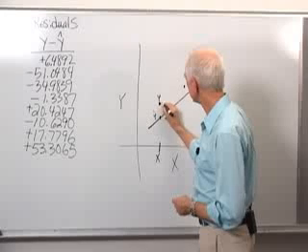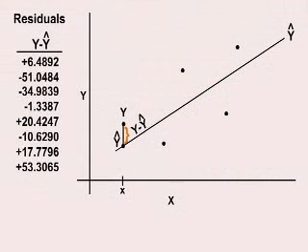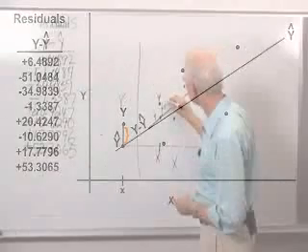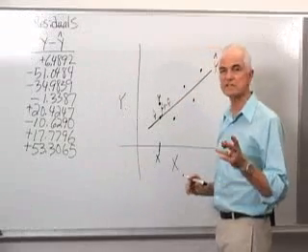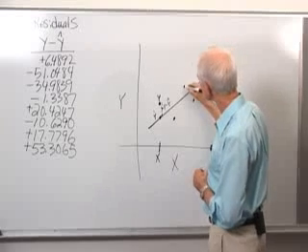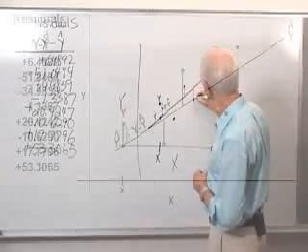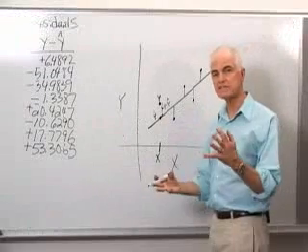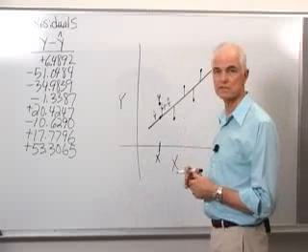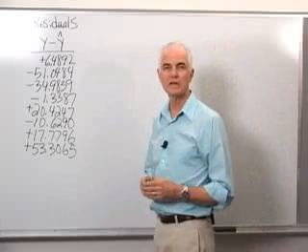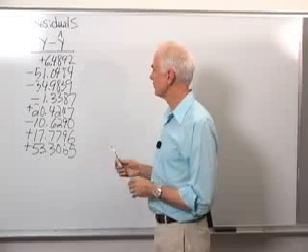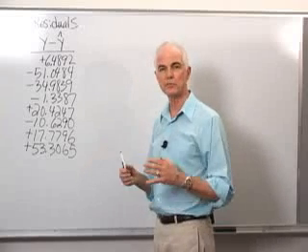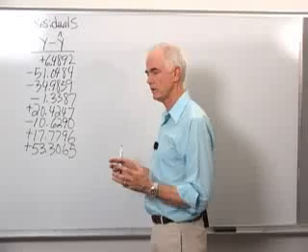The difference between these 2 points is the residual, that is y minus y hat. So we can see that the residual is the vertical distance from the actual point to the regression line. The greater the distance, the more the regression line is missing the point, and the larger the residual. While examining individual residuals, we gain insight into how well the regression model is fitting the data points.